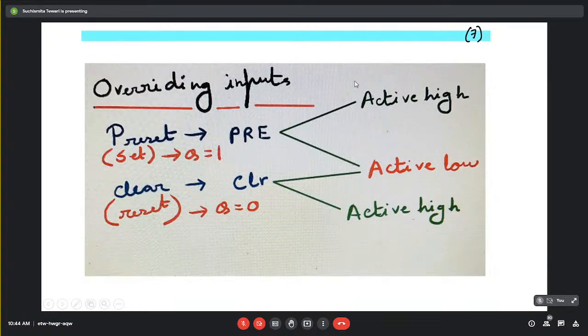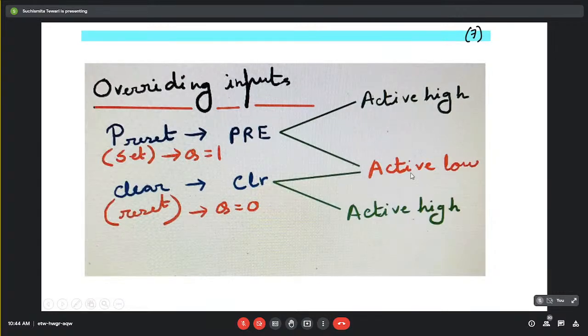In that way, all the outputs will fall down to 0. So we have cleared it. Or in some case we need to achieve the output as 1, or to fix it at 1. In that case, we can easily activate this preset pin. So that is the significance of using these two additional pins.